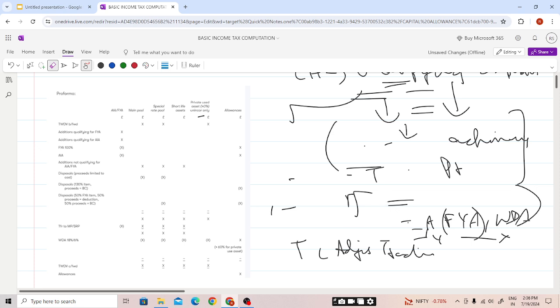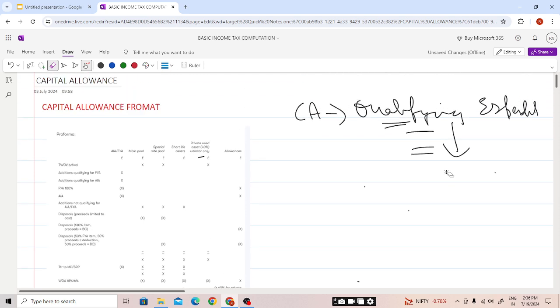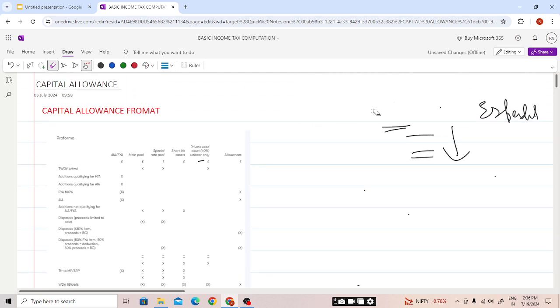After that, students will see whether the additions qualify for AIA or FIA. Then we'll treat as per the AIA and FIA rule. If the asset does not qualify for AIA and FIA, we'll directly write the amount under the main pool or special pool which the asset belongs to. Then we'll see whether any disposals are there. If there are disposals, we'll reduce the value, and after the disposal, we'll calculate the tax written down allowances. I hope this is clear, students.